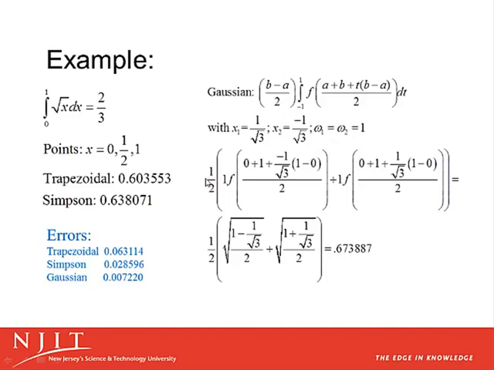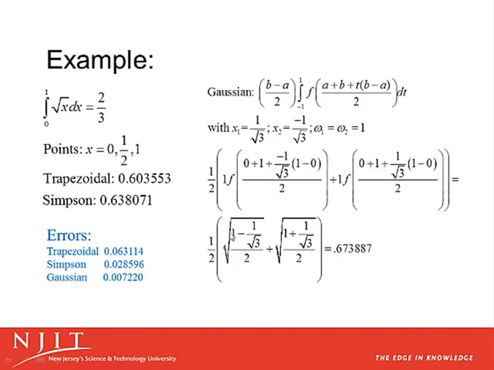We have b minus a is 1, divided by 2. Omega 1 is 1. F of a plus b plus t was minus 1 over radical 3. B minus a is 1 minus 0 over 2. Plus, and then we plug it in for the plus 1 over radical 3. And we just use our function as square root of x.